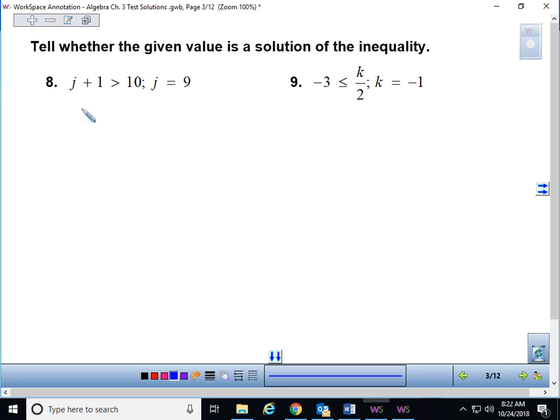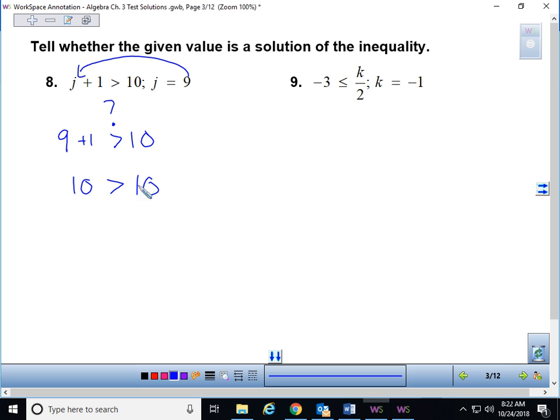So in question 8, I have the inequality j plus 1 greater than 10. Instead of writing j, I'm going to substitute in the number 9. So I have 9 plus 1 greater than 10. I'm going to put a little question mark over my inequality symbol. I'm not sure this is true yet. Let's see. 9 plus 1, well, that's 10. 10 greater than 10.